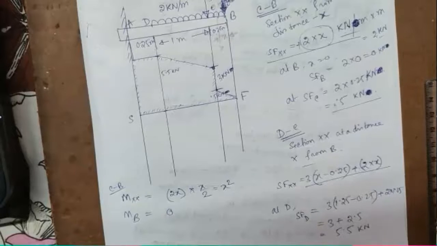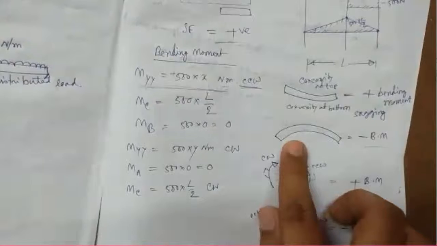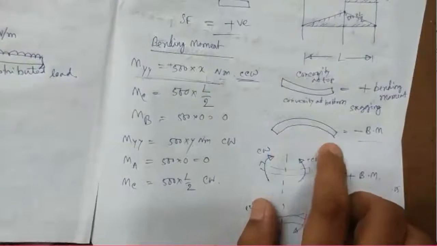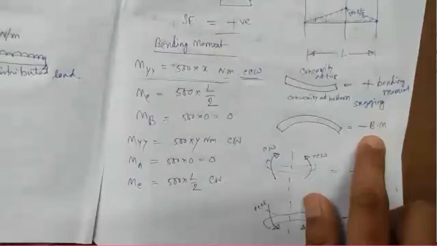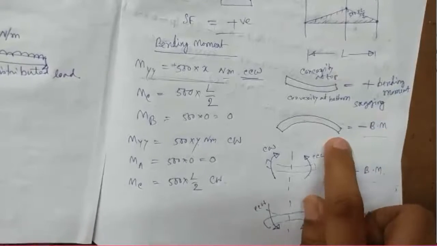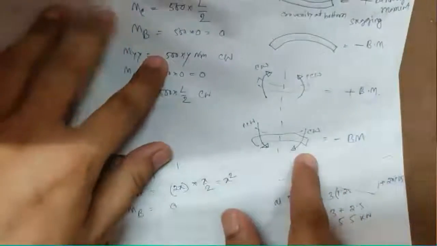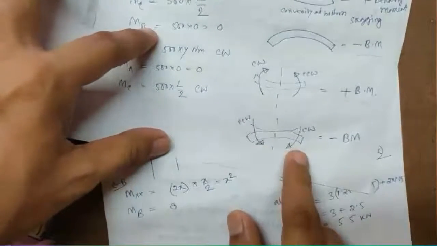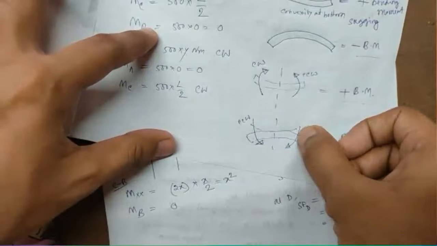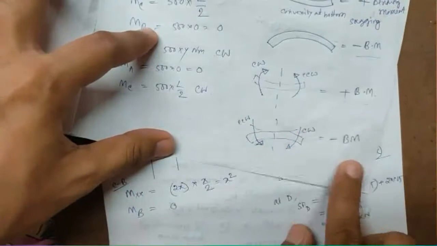Actually, in the previous day's class, we discussed that if the beam has a tendency to bend like this, that will be negative bending moment and it will be called hogging. In this case, the right hand side of the section tries to move downward facing clockwise moment. So this is negative bending moment.